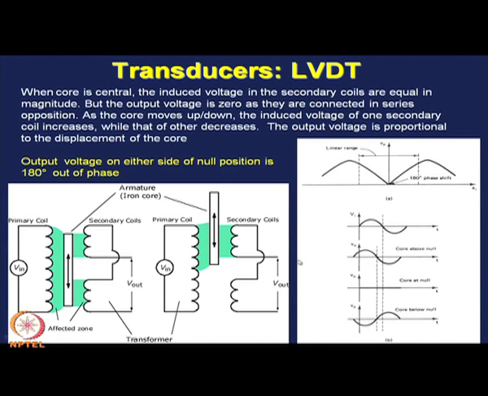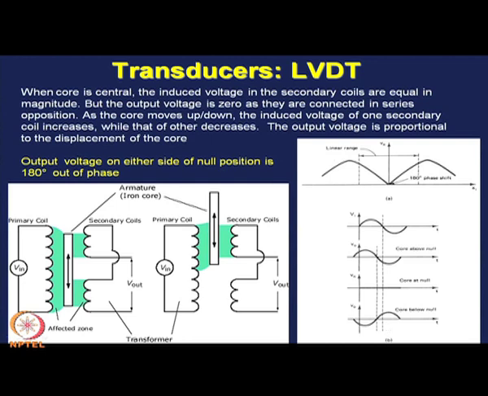So, when the core is above null position, which is shown by this figure, I will get output signal like this. While core is below null, so when this core is pushed down, I will get output voltage as this.